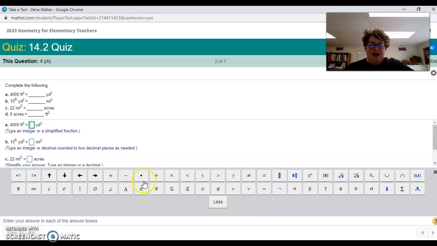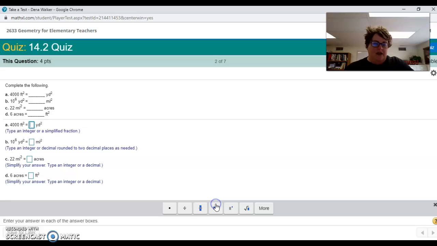Anytime you need to make a fraction, you go to this one. Anytime you need a pi for circles, you go to this one. If you need an exponent, like meter squared or yards squared, you come right here.